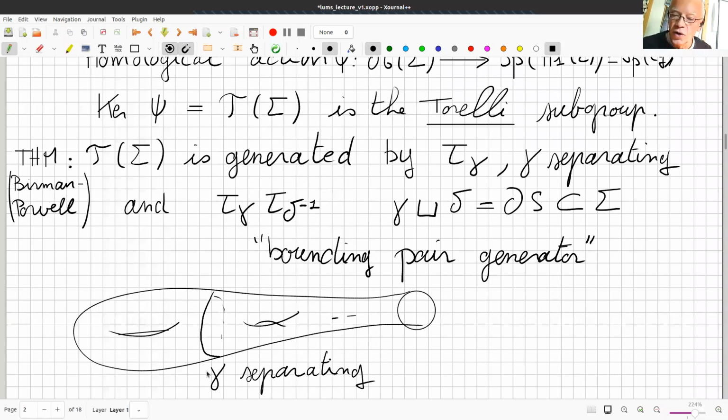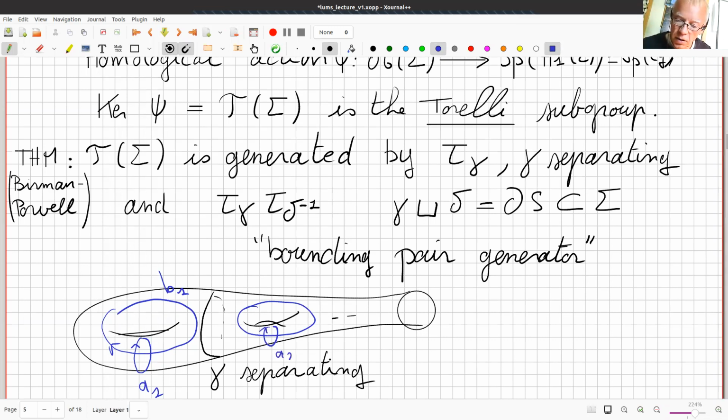Here, a basis for homology I will represent with blue curves. So I take this curve, let's say A1, B1, they are oriented. Here I will have also A2 and B2.